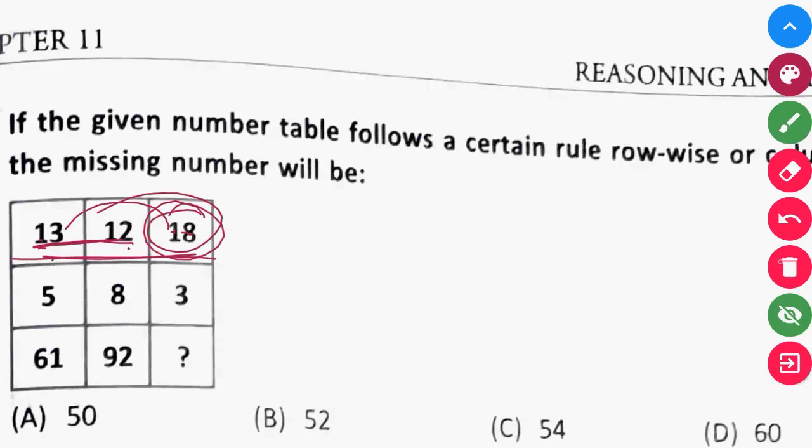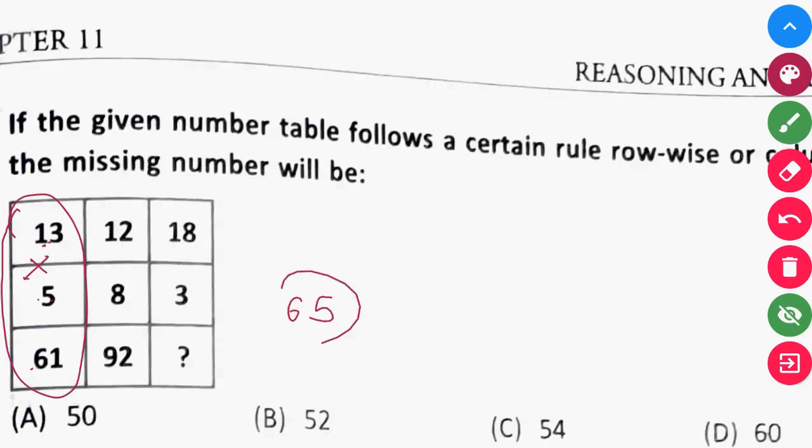No, so then we thought of the column. Now if we look at the column 13, 5 and 61: if we multiply 13 with 5, 13 fives are 65, and this number 61 is near to 65. So if we subtract 4 from 65, we get 61.